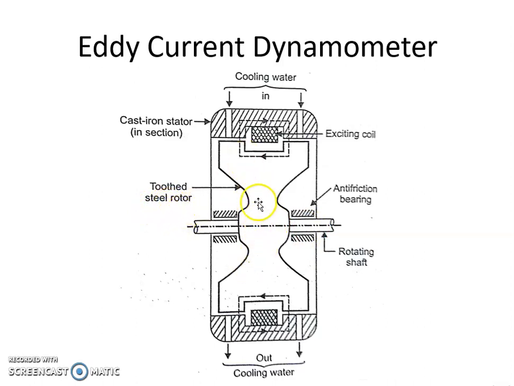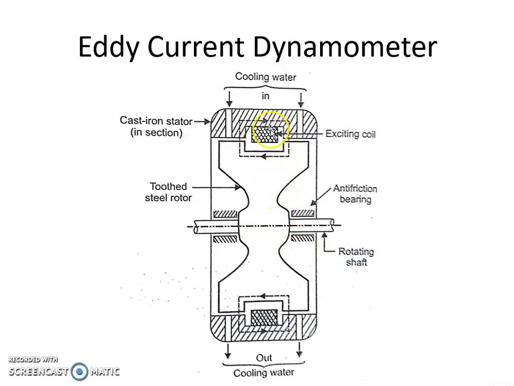This is the rotor, and this is the cast iron stator. The stator contains the exciting coil and the rotor is connected to the shaft. When the shaft rotates, obviously the rotor connected to the shaft also starts rotating.